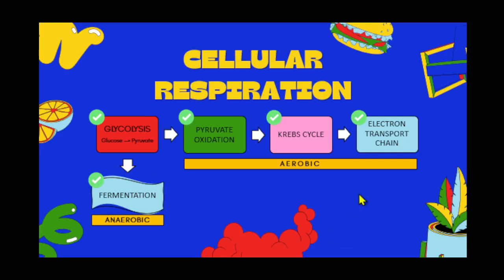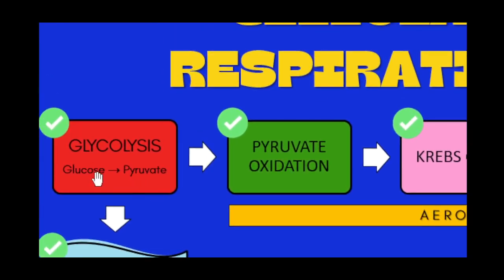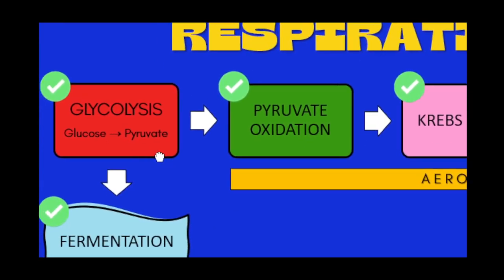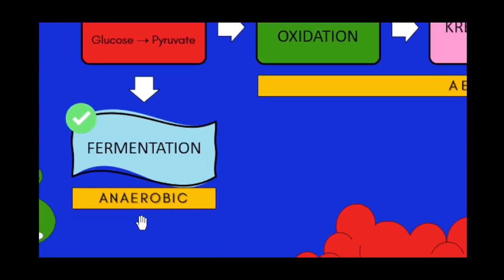Alright, so if we look at our chart here, we are all done. So again, for cellular respiration, the first part is glycolysis, where we transform glucose to be converted to pyruvate. And then if oxygen is not present, fermentation will occur, an anaerobic process.